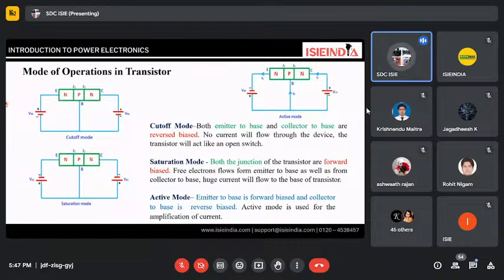When we are supplying a different power supply, these transistors have three terminals: emitter, base, and collector. We are giving control at the base, whether from the negative or positive supply.